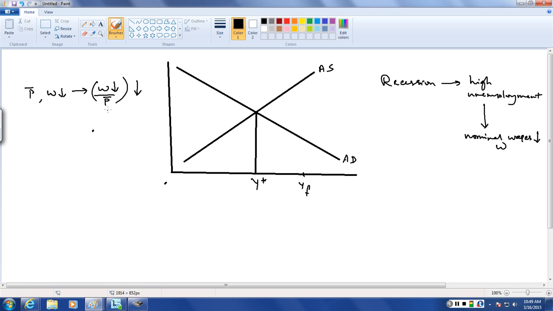When the real wage drops, what happens to firms' hiring of workers? They hire more workers, exactly. Right? Firms increase hiring. And when firms increase hiring, what happens to their output of real GDP? They produce more GDP.